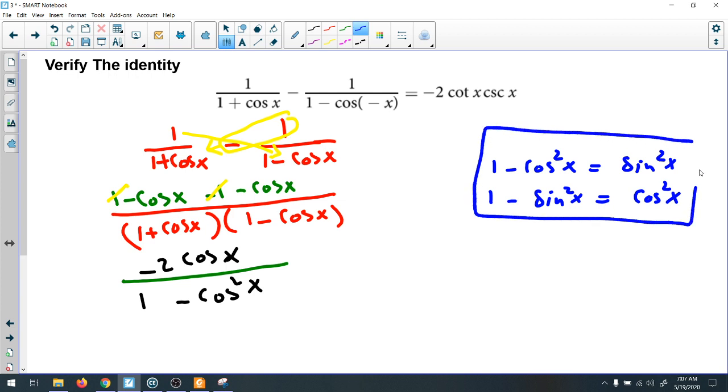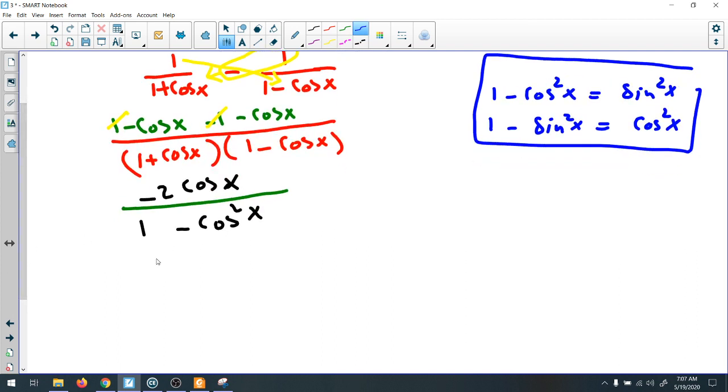Good. So we keep working on the left side. Keep negative 2 cosine x divided by 1 minus cosine squared x, which we replace with sine squared of x. I don't want you to be confused: sine squared instead of 1 minus cosine squared.